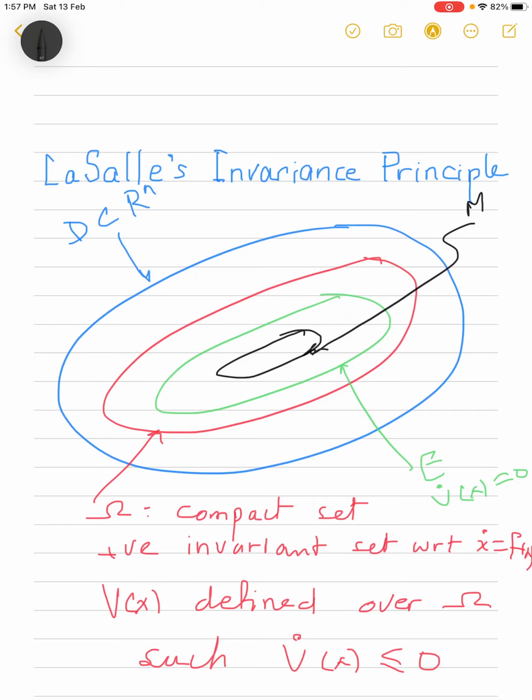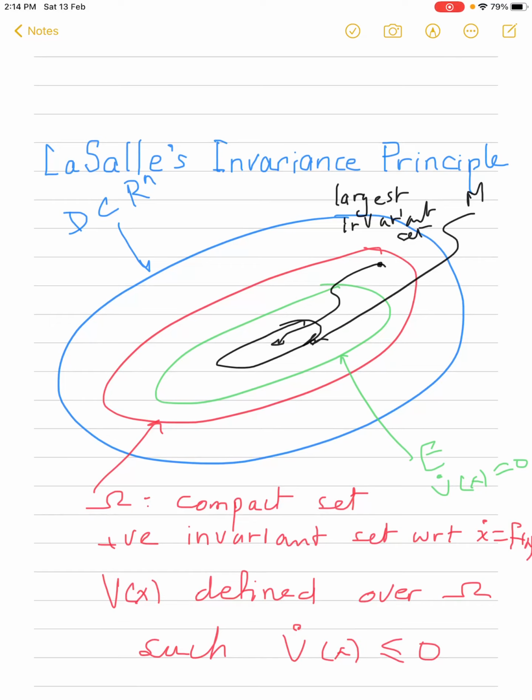So M is the largest invariant set. So according to LaSalle's principle, if the initial condition of the system started within omega, then as time goes to infinity, it has to converge to the region M, which is the largest invariant set. So this is basically what LaSalle has stated in his theory.